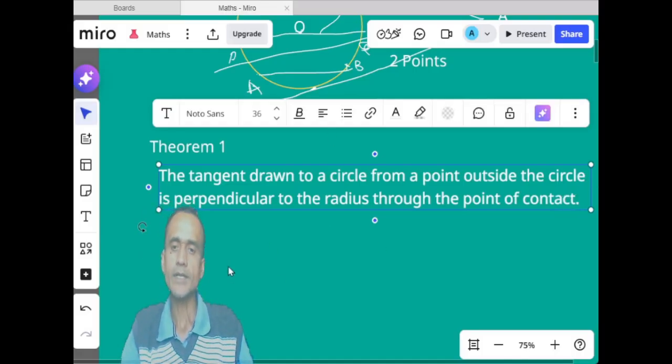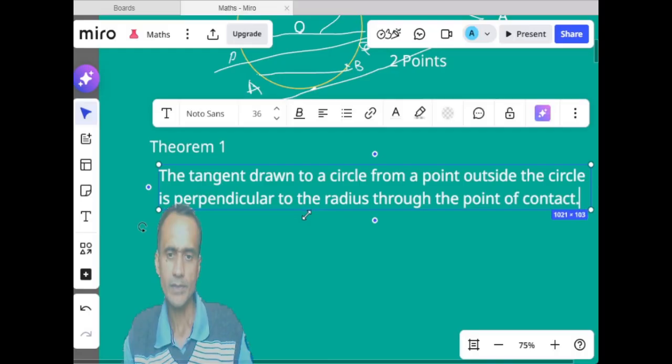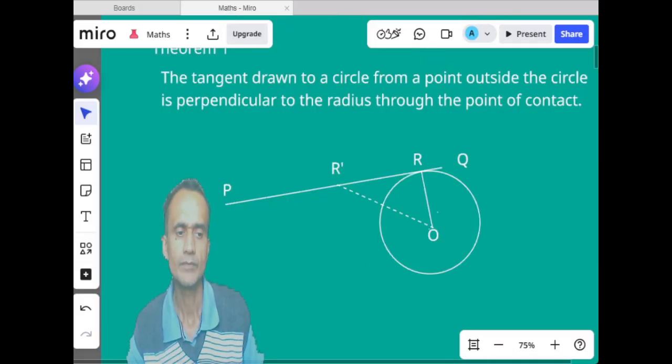So what it says is that if we draw a tangent to a circle, then the radius drawn from the center to the point of contact will be perpendicular to the tangent.